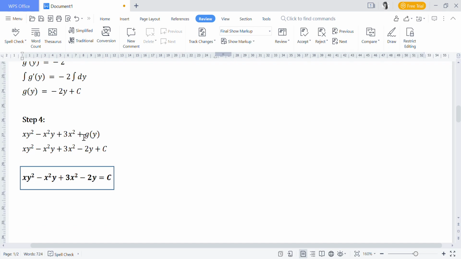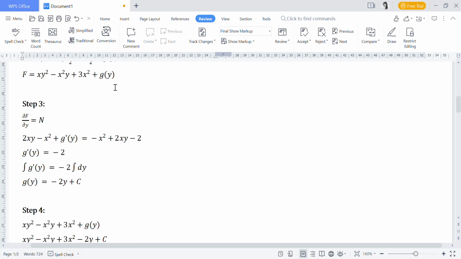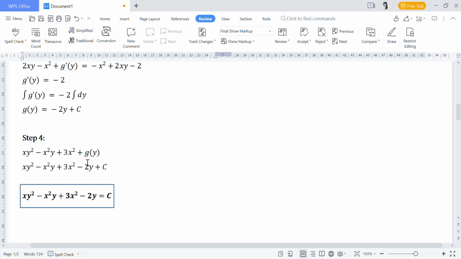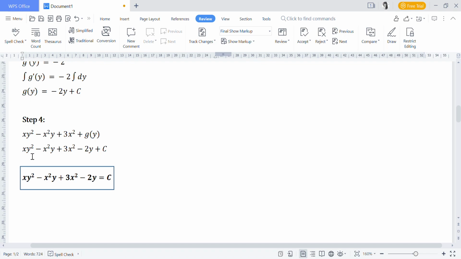Now, let's proceed to the last step. Just copy the function, this one, and then substitute that g of y into this one since we now have the value. So, we have xy squared minus x squared y plus 3x squared minus 2y plus c.